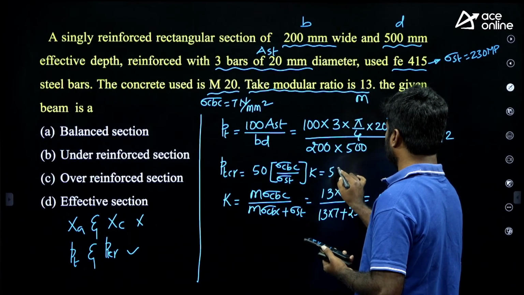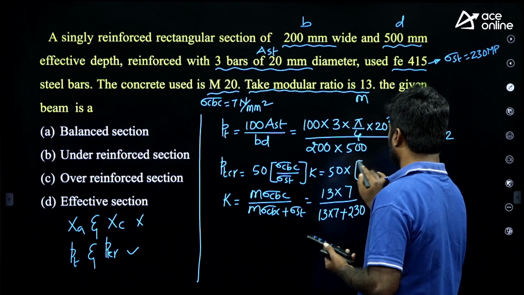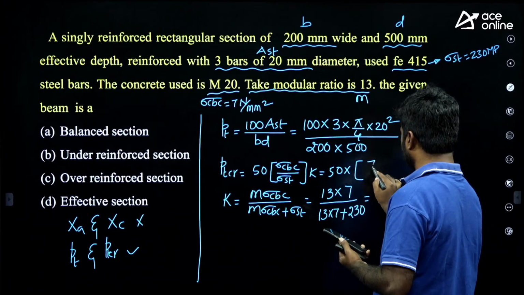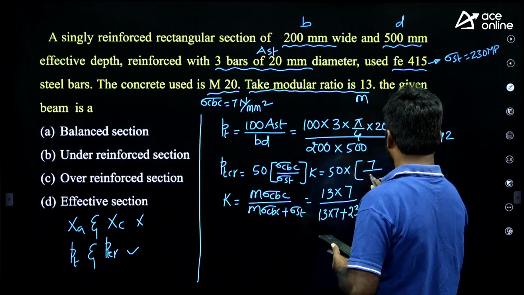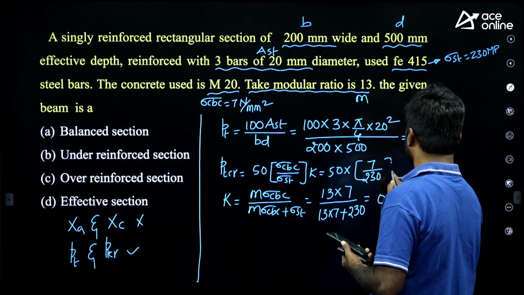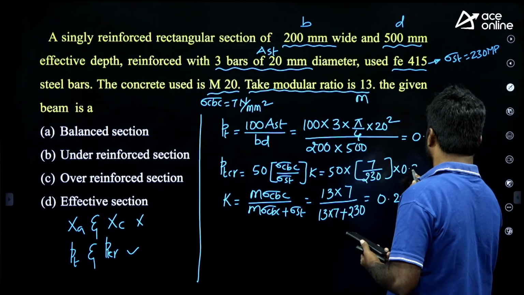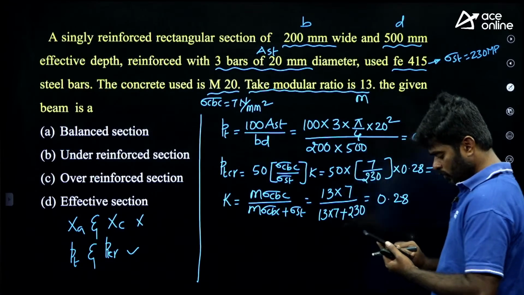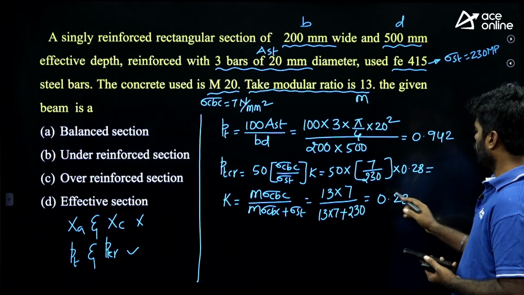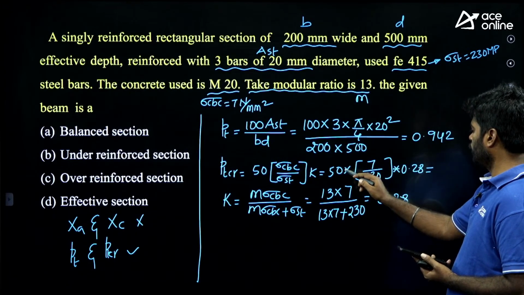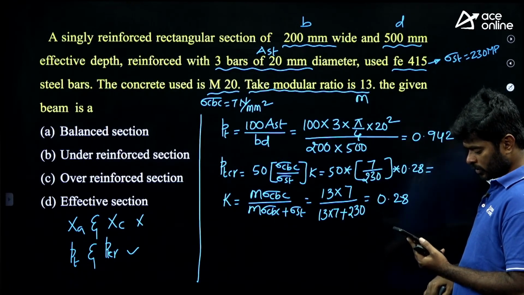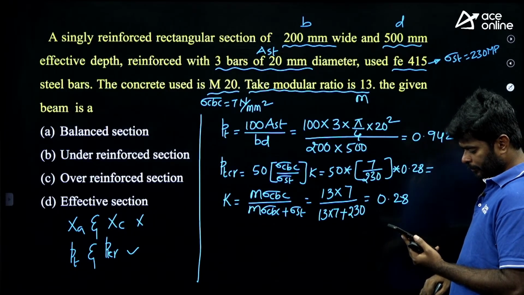Now I will substitute here: 50 into what will be the sigma cbc here? 7. And what is sigma st here? 230. And what is k value here? 0.28. May I know this value? 50 into 7 upon 230 into 0.28. How much are you getting? Quick, quick.